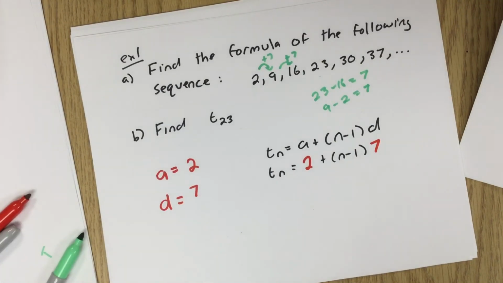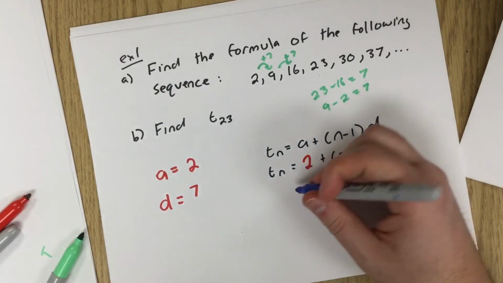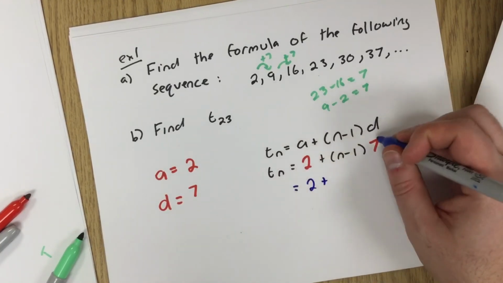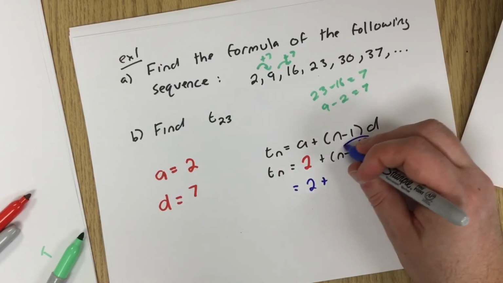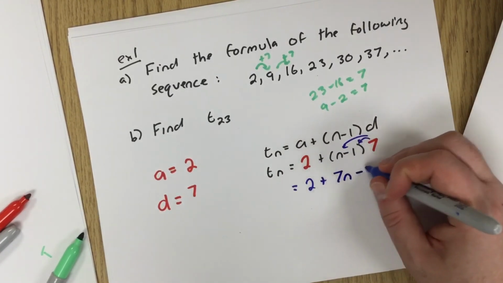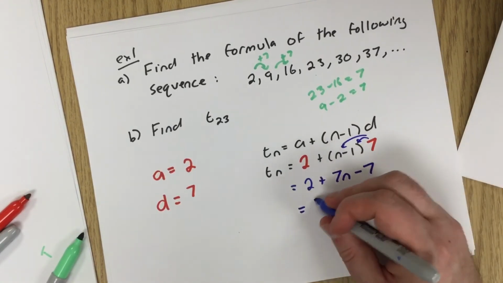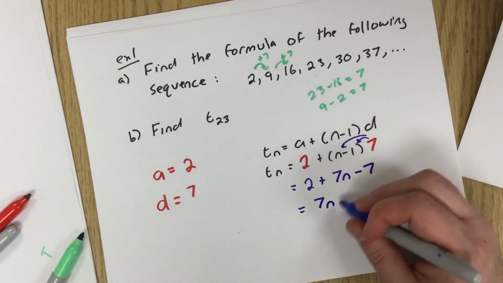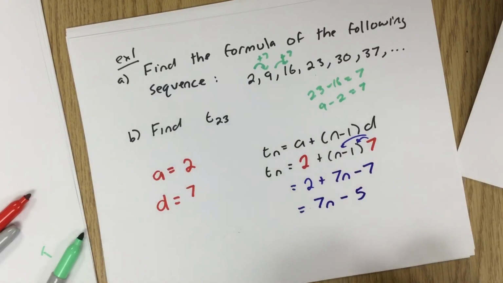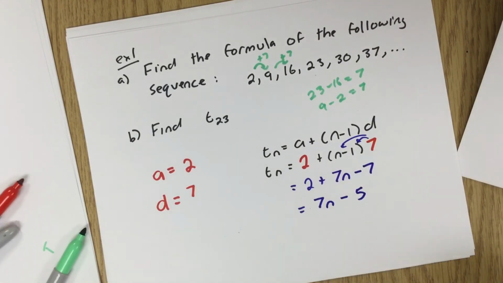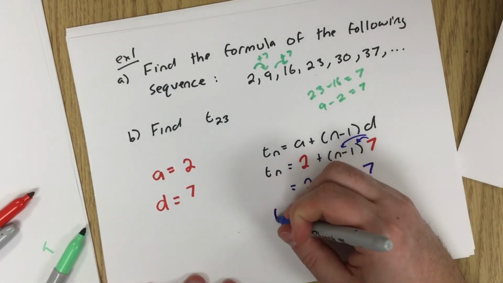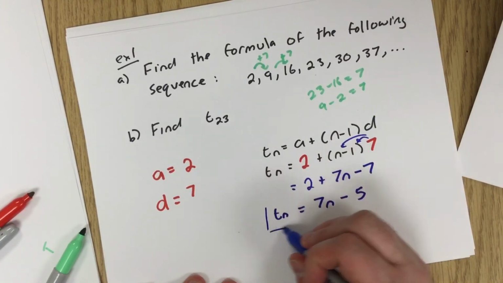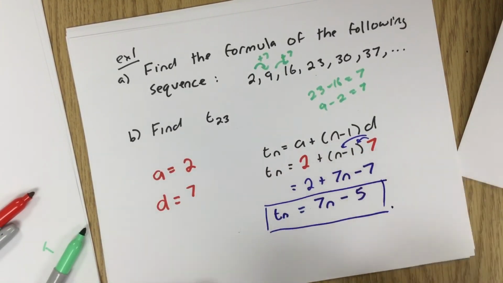And then we just work it out. So it's going to be equal to 2 plus, multiply through, 7n minus 7. And then rearrange it, you would get 7n minus 5. And so that's going to be the answer. The nth term is going to be 7n minus 5.